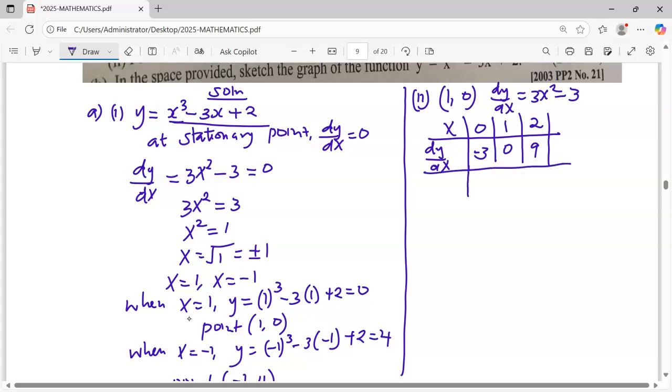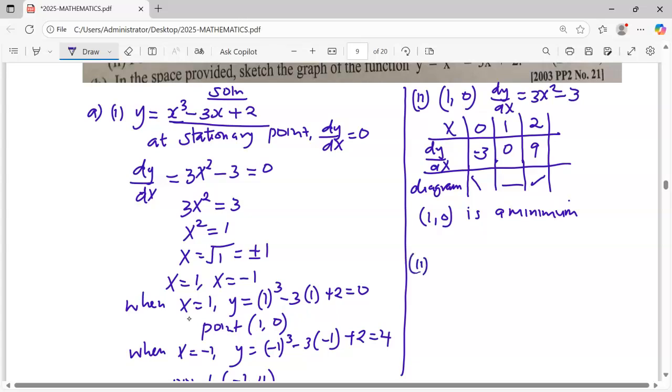As you can see, the gradient is changing from negative through 0 to positive, implying that the point which is 1, 0 is a minimum stationary point. That means when the gradient is changing from negative through 0 to positive, that point becomes a minimum point.